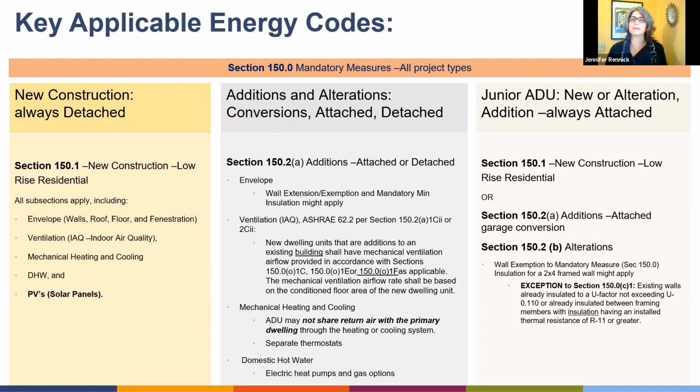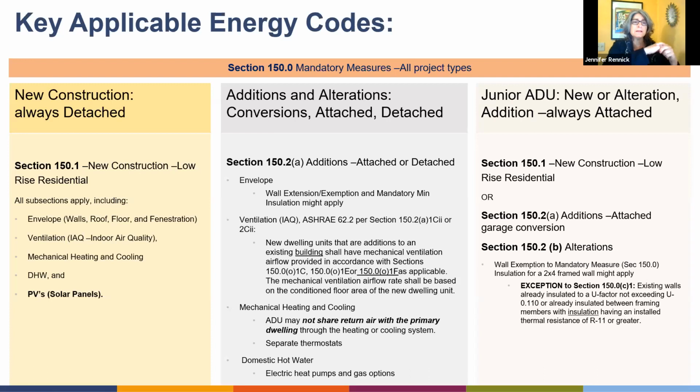It's a little different from how we normally think of them in the architecture world, and even a little different from the way Lauren explained it. I'm going to tease that apart for everybody and go through some of the nuances of the energy code that are specific to additions and alterations that would be applicable to ADUs.